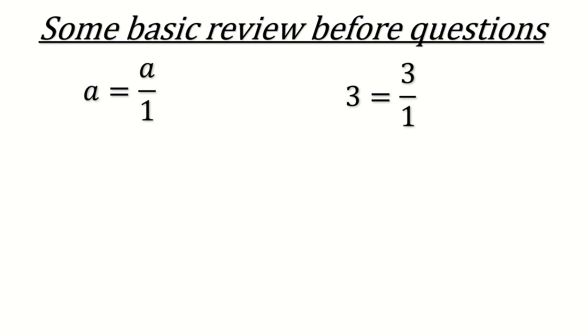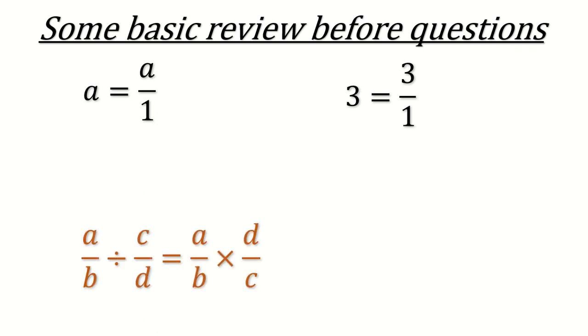Another basic concept for fractions: if you have a over b divided by c over d and you want to convert it into multiplication, then you always flip the fraction after the division. This division will be taken as multiplication and this fraction will be flipped, meaning c over d will become d over c.